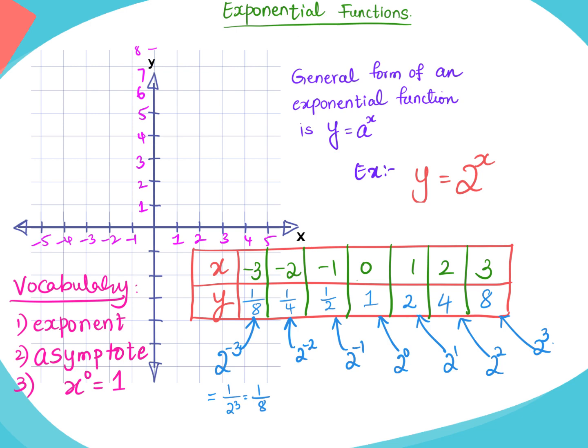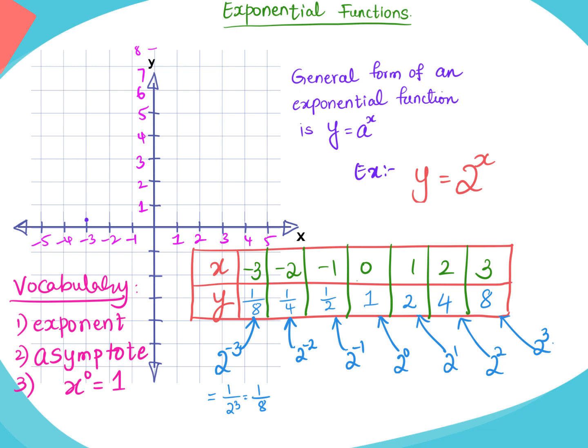When x is -3, I'm going to put the dots in a different color, maybe violet. When x is -3, it's 1/8, and the decimal value of 1/8 is 0.125, so somewhere very close down there.